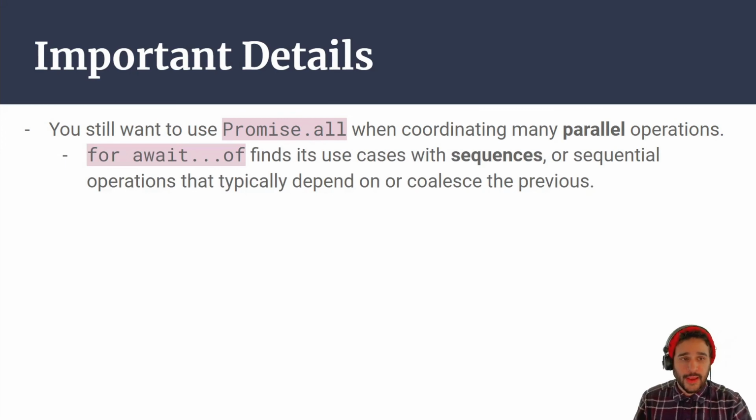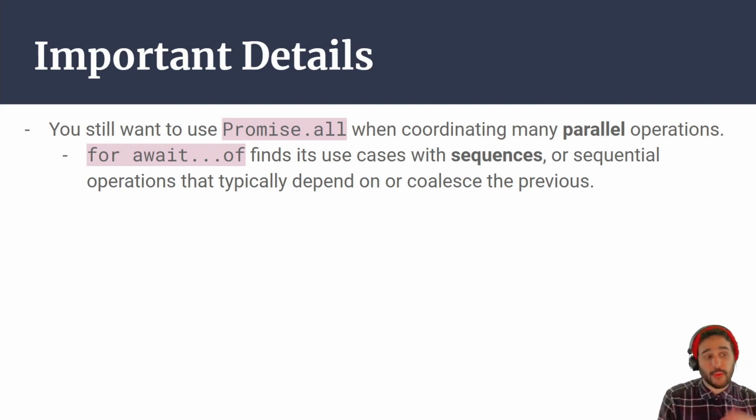I would say that for await of is more a use case for sequences, where the sequential asynchronous operations either depend on the previous one, so you want this operation to finish and then maybe it shares information with the next one, or they're all coalescing to some value over time or growing, as opposed to things that are happening at the same time that all need to be handled as a reaction.